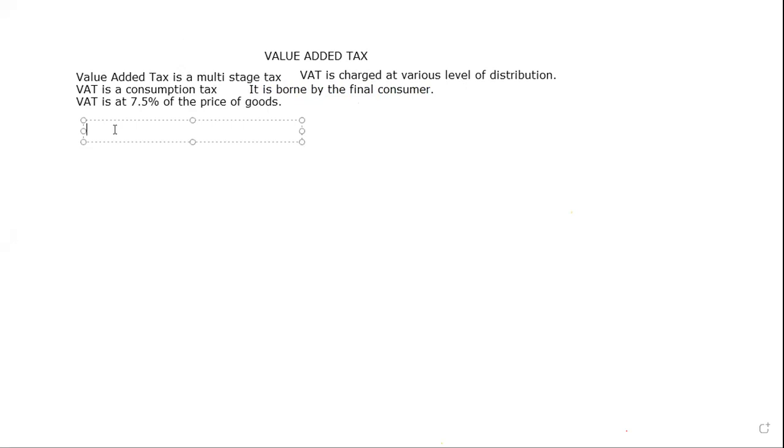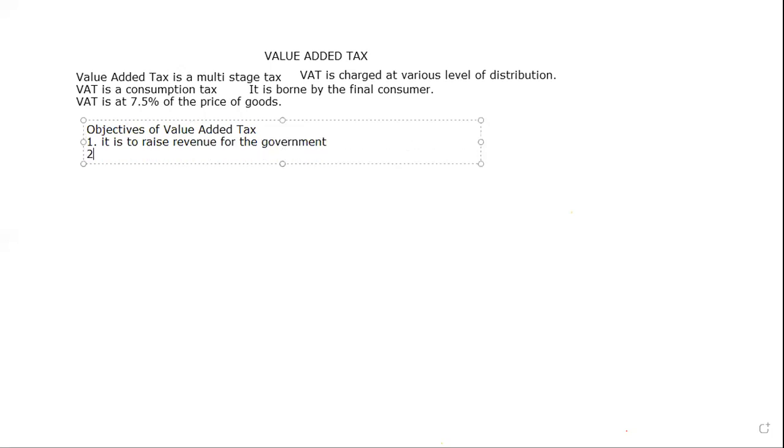So let's look at the objectives of VAT. What are the objectives? Objective number one is to raise revenue for the government. And that's one of the principal reasons for value added tax.